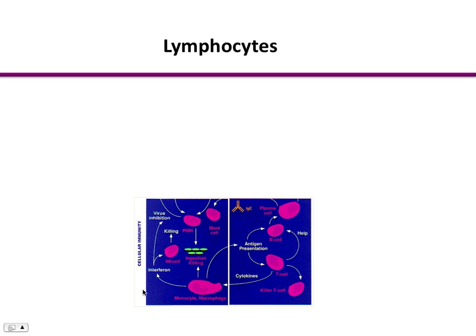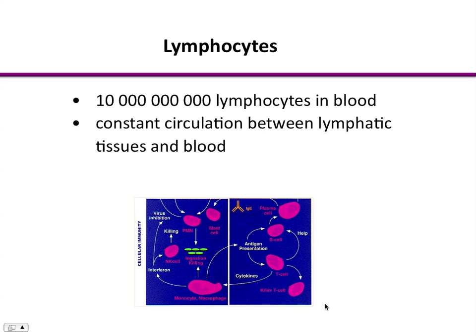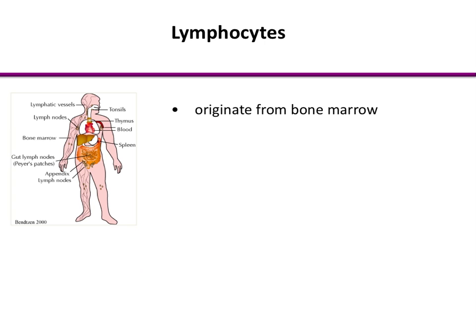So we go to the other corner of cellular immunity, the lymphocyte side. There are billions of lymphocytes in blood at every moment, and there is a constant circulation between lymphatic tissues and blood. They all originate from bone marrow.